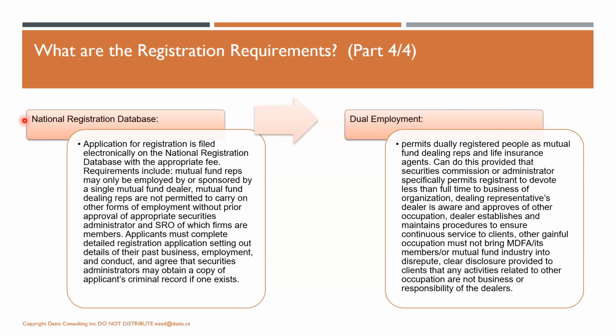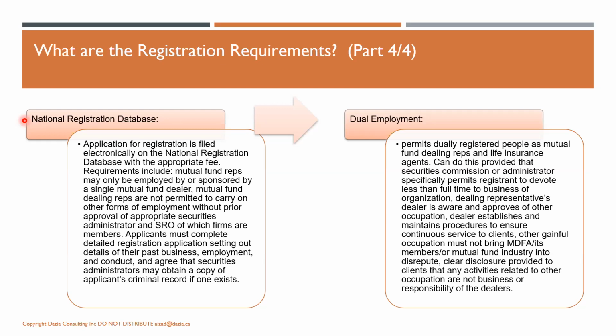National Registration Database, NRD. This is a website on which the registration is filed electronically. Usually you need to fill out an application form with your 5 years history, where you lived, where you worked, etc. You provide that to the company and they will register your information on the NRD website.